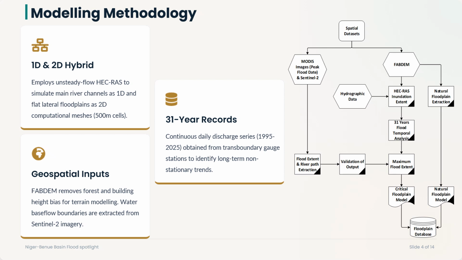Also, Sentinel-2 data was used to extract the true river path for the inundation model. The FAB digital elevation model also aided the extraction of the natural floodplain data, which also helped in the computation of the vulnerability to capacity index.